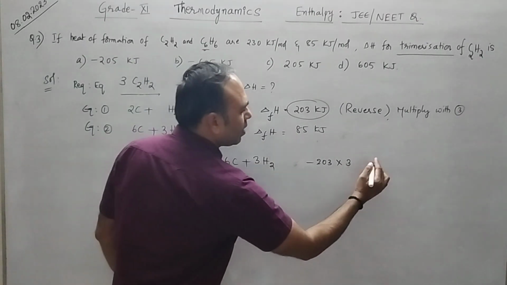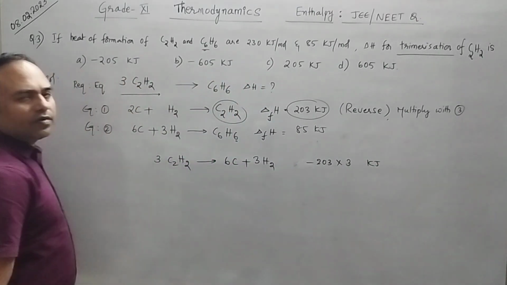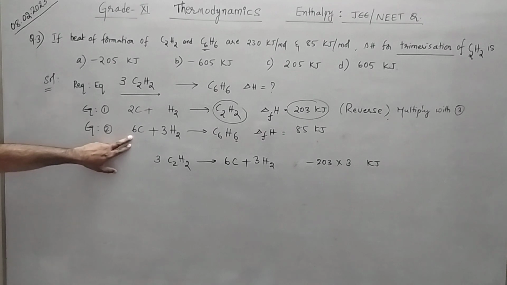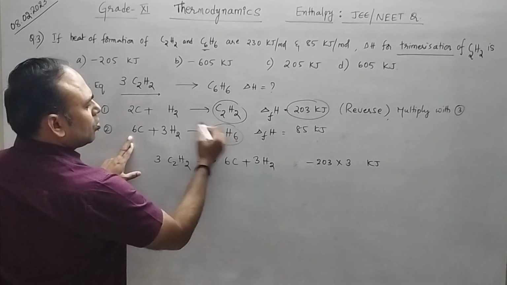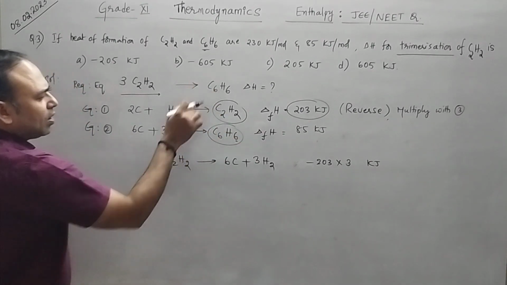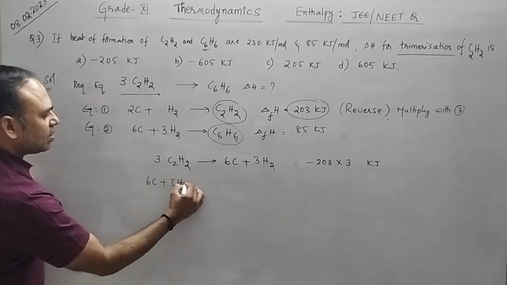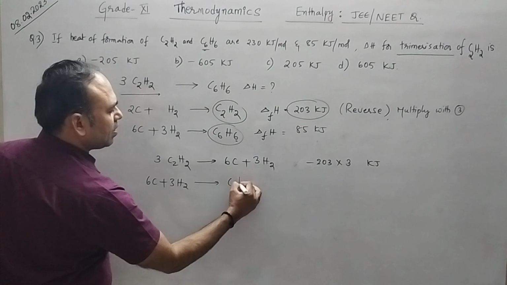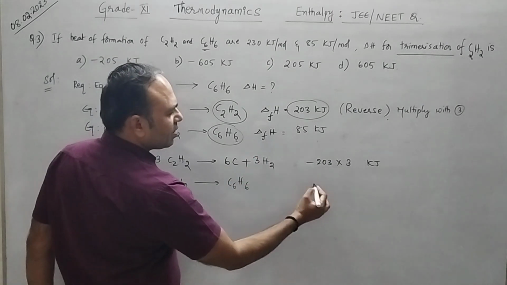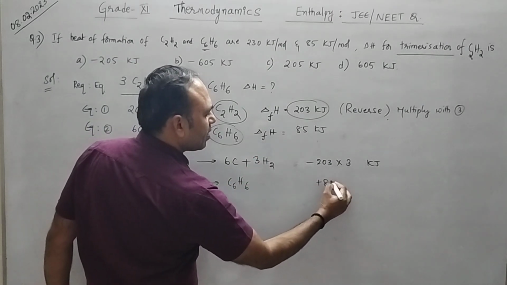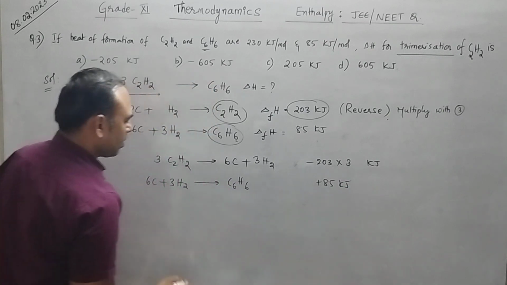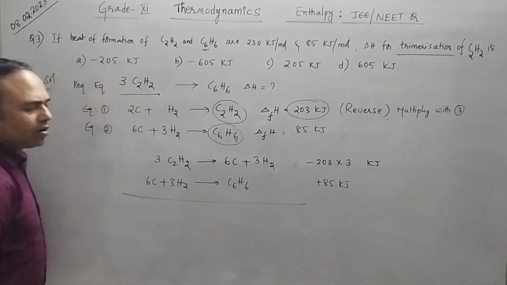This will be your equation 1 converted. Next, the second one. See, balance this, how to make it out. Product side is the same, hence we can write it like this: 6C plus 3H2 gives C6H6, as it is, plus 85 kilojoules. Now how to solve this?